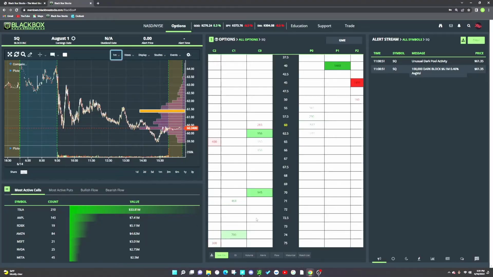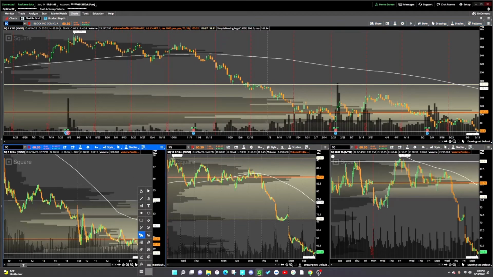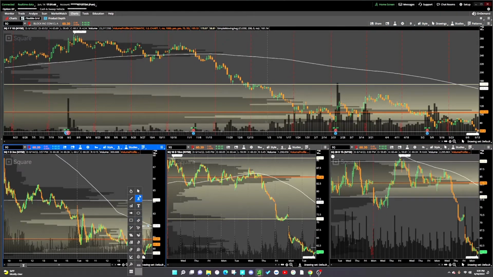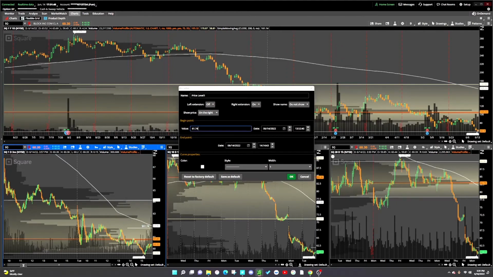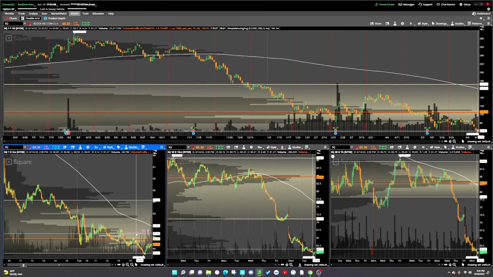So with 61.35 being an area of interest, I'm going to mark that right off the bat. 61.35, and I will make it purple. Dotted. Boom. Okay, so there's our dark pool.